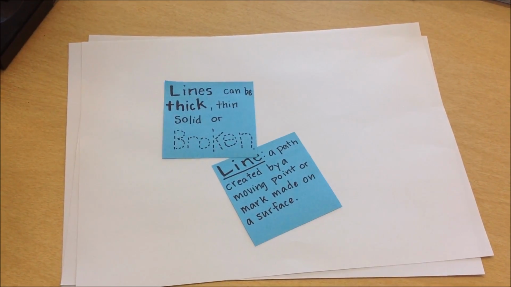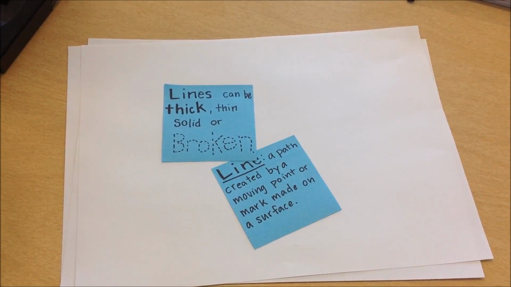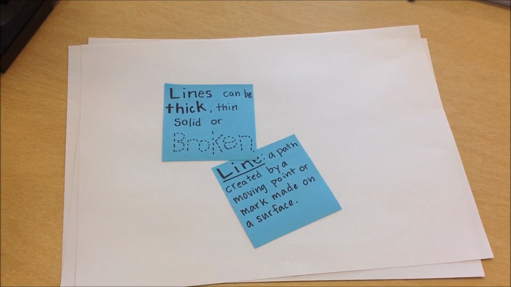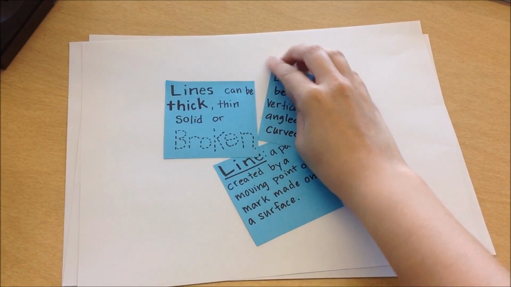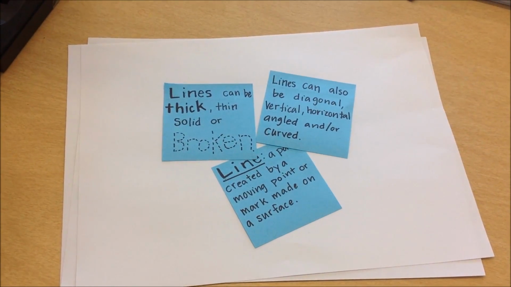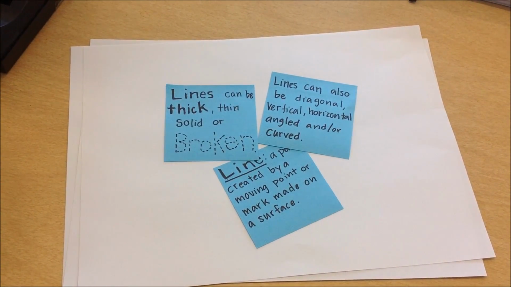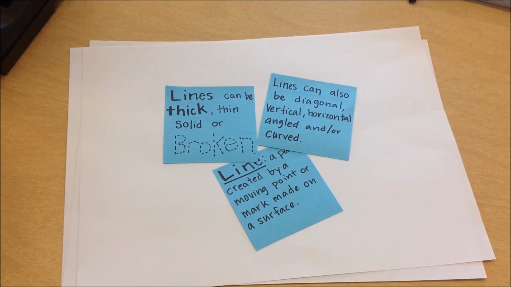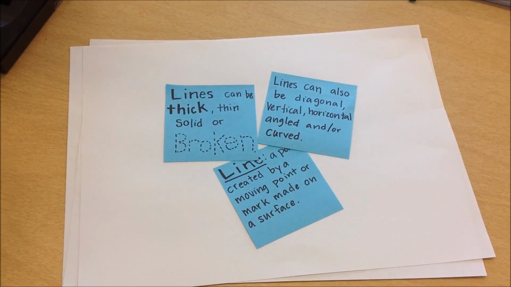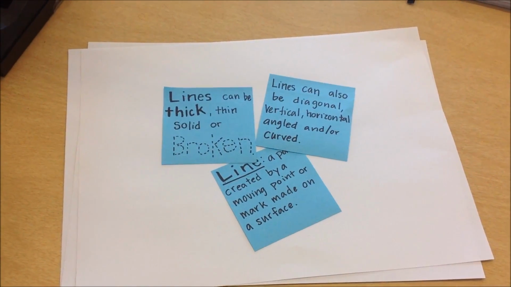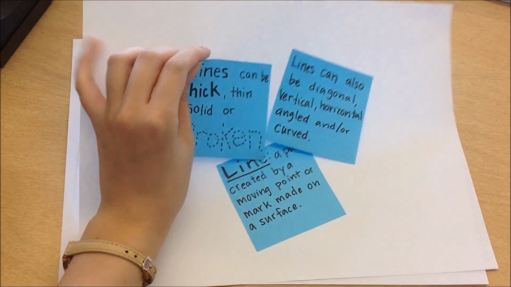So you can use a line in many different ways to show different things. Lines can also be diagonal, vertical, horizontal, angled, and or curved. All right, so that's some definitions for line.